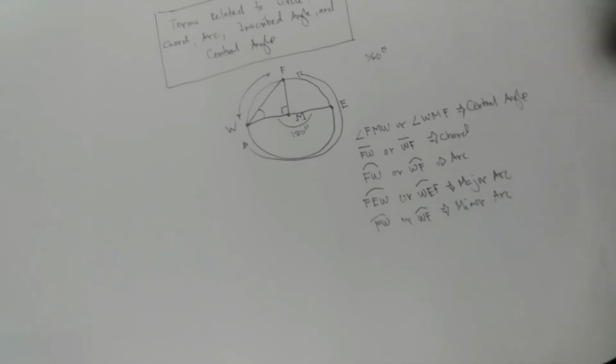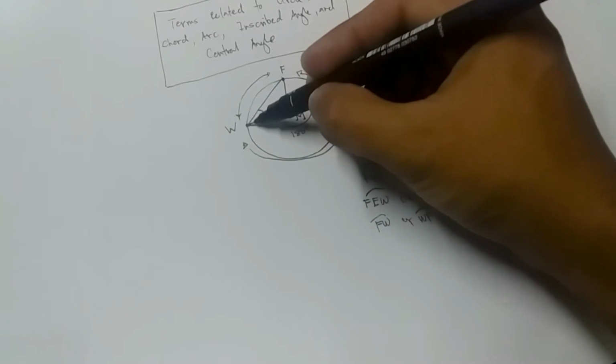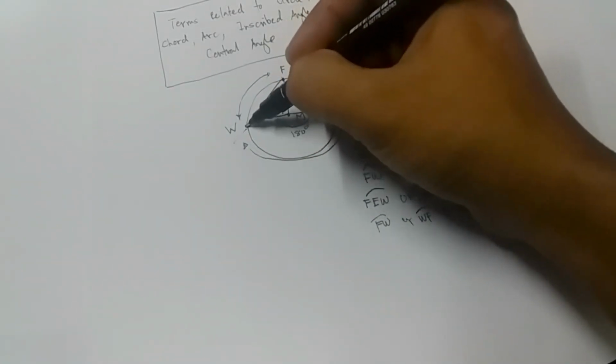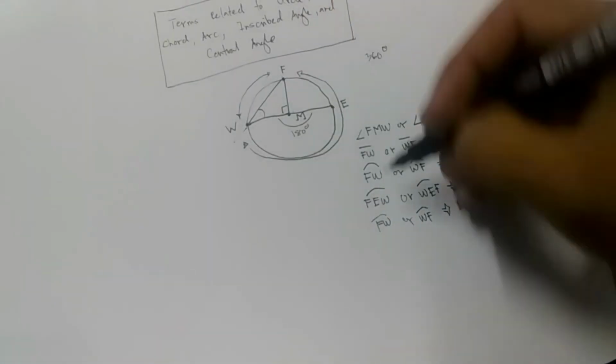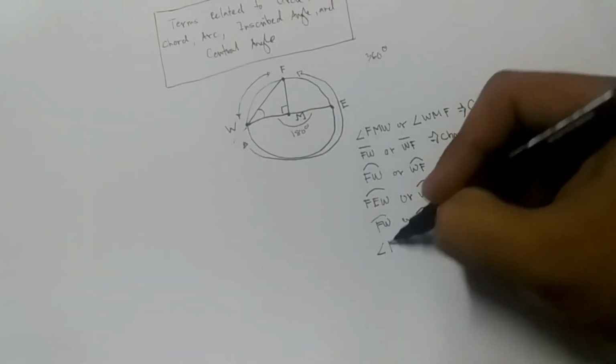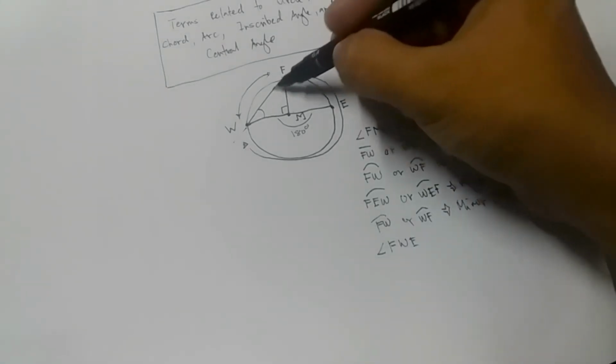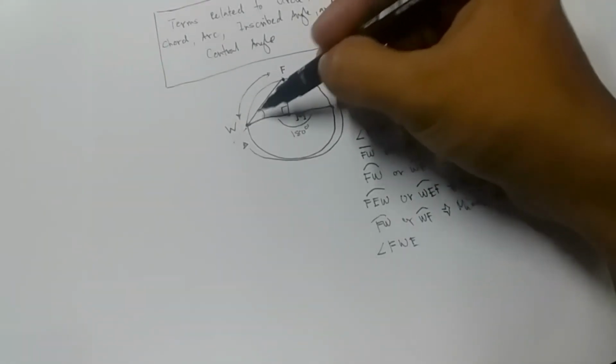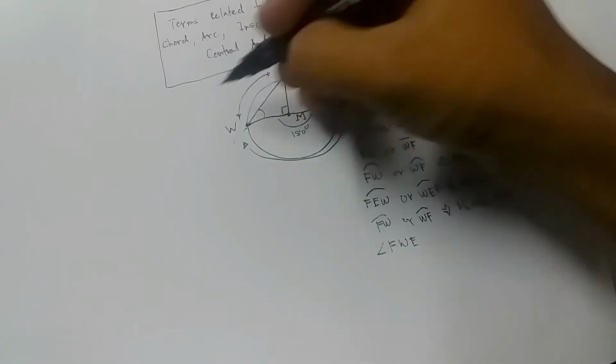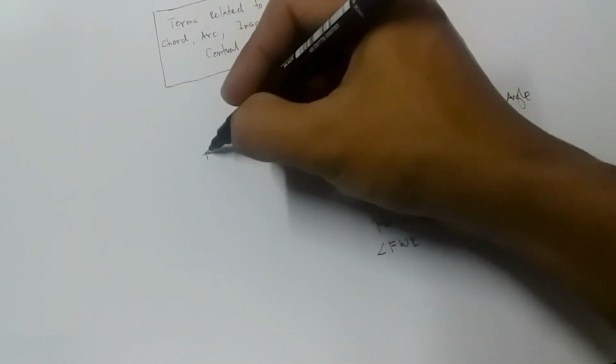Okay? So the vertex of this angle obviously is this one. So we have the angle FWE, whose vertex is on the circle, and we call this angle our inscribed angle.